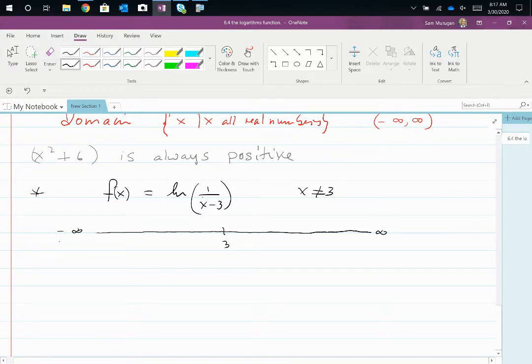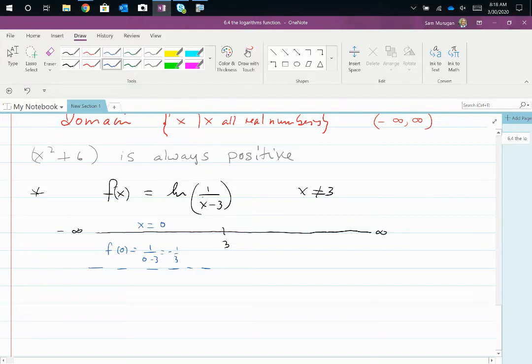Say a number between -infinity and 3 would be x equals 0. If we substitute into the function, we get f(0) equals 1 over 0 minus 3, which is -1 over 3, which is a negative number. So this whole region is negative.